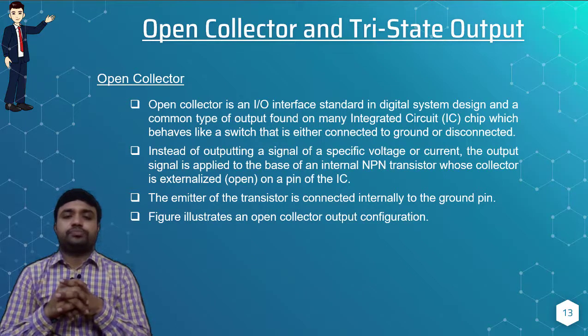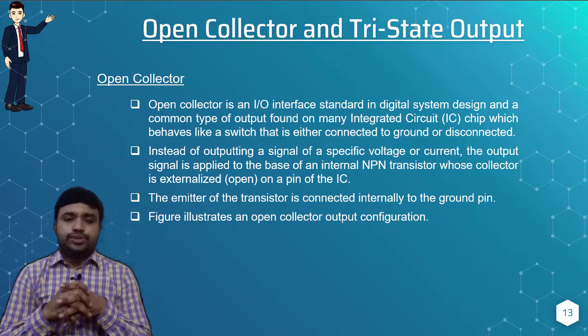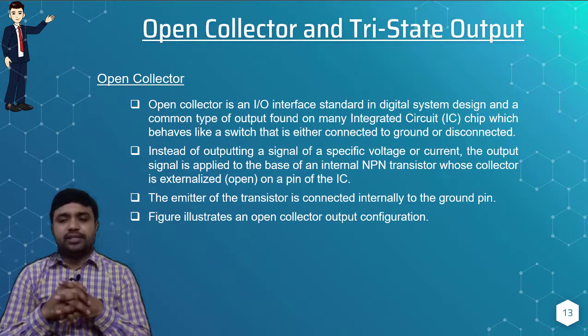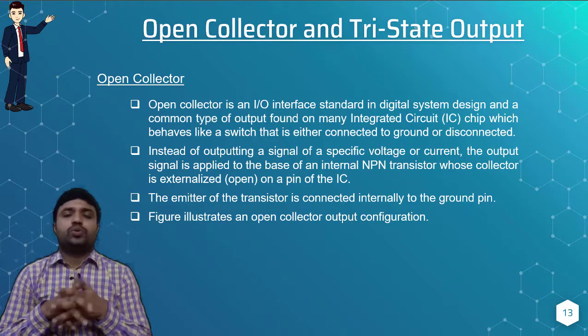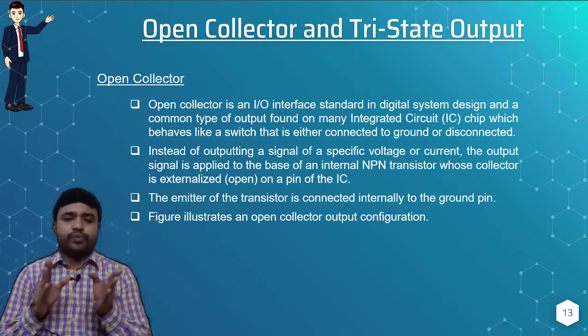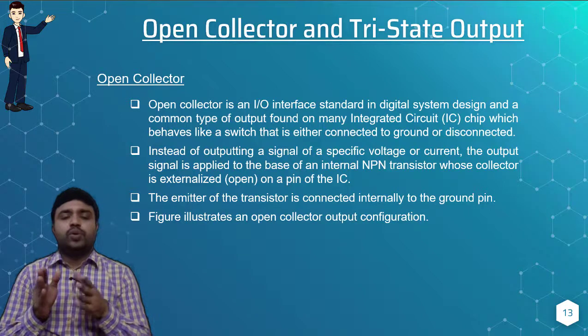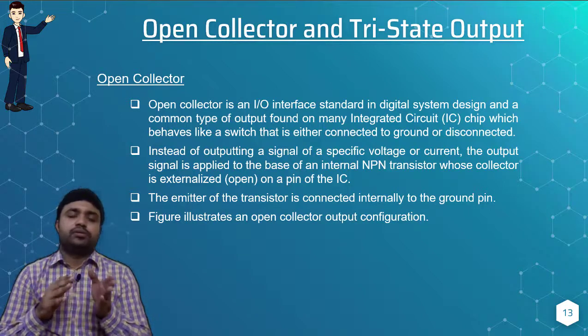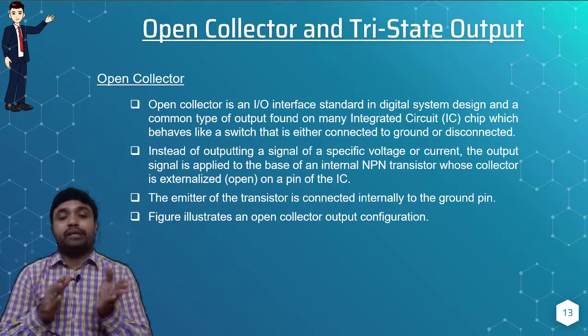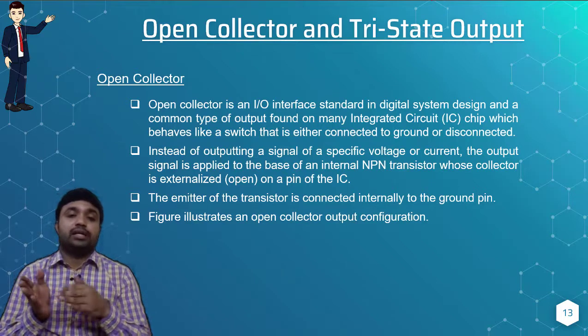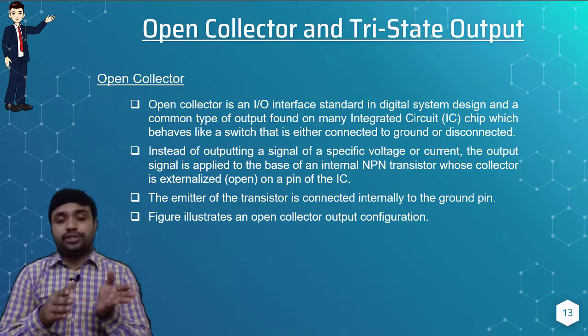Right, next point. Instead of outputting a signal of a specific voltage or current, the output signal is applied to the base of an internal NPN transistor whose collector is externalized, that is, an open contact on a pin of the IC. So what does it mean? In order to continue the operation, we return the output section, that is from the collector terminal, to the input section, that is the base section.